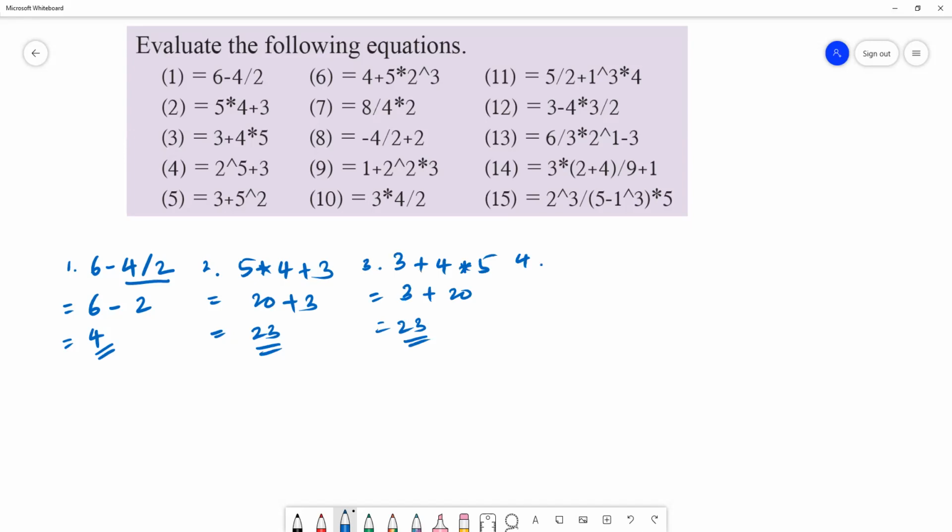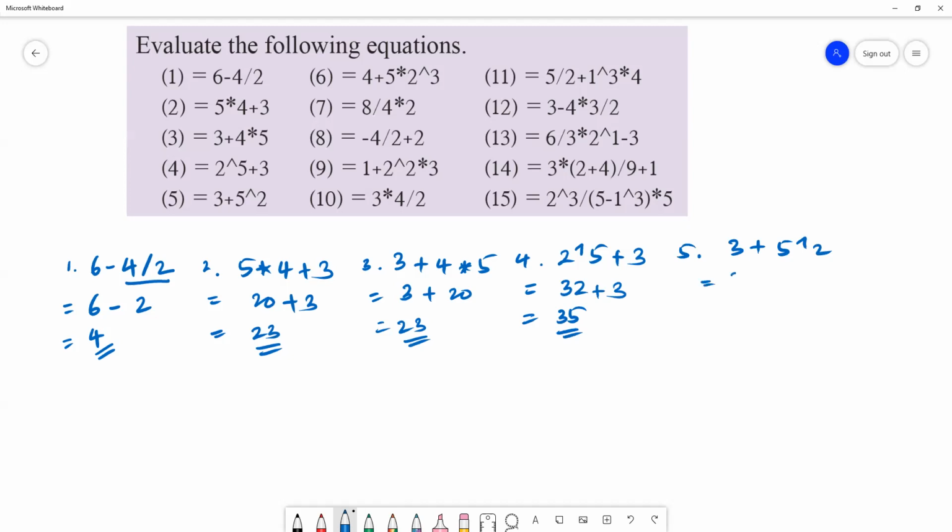Fourth one, 2 to the power 5 plus 3, so we have to work on 2 to the power 5. That means 32 plus 3, that is 35. Fifth one, we have 3 plus 5 to the power 2.